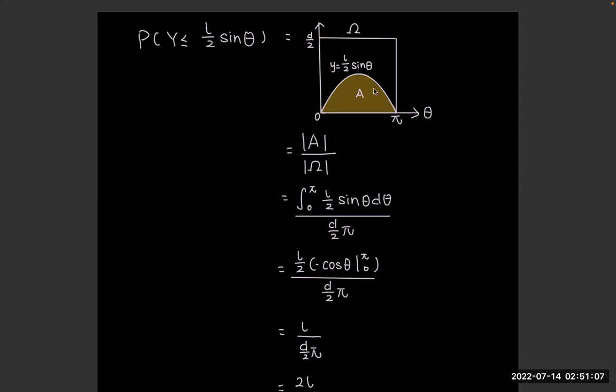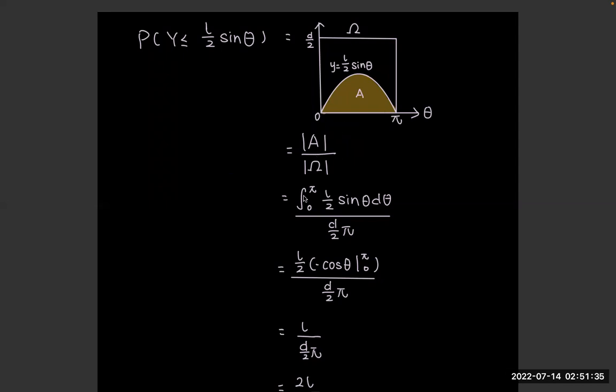And the region A is where y is less than L over 2 sine theta, so that the needle touches the horizontal line. We want to know the probability that a random point in this rectangle falls into A. That would be the area of A divided by the area of omega, according to axiom 0 in the equally likely setting.